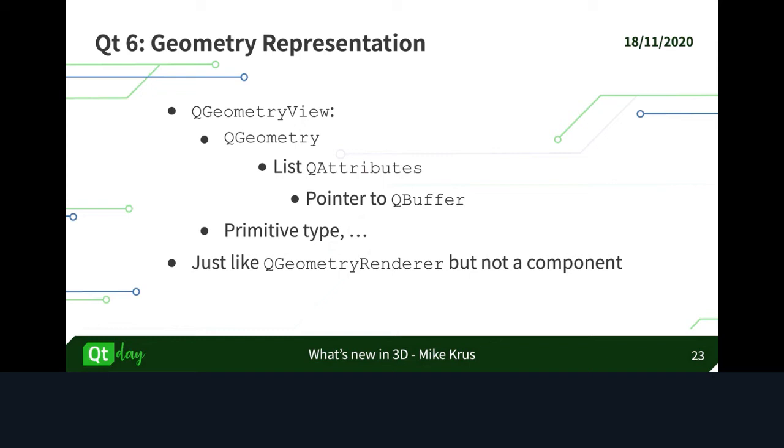That's not enough to give you all the details of a mesh. You also need to tell OpenGL what type of primitive it is and some other information. Now all of this information already existed in Qt3D, of course, and it was assigned to QGeometryRenderer in the render aspect.